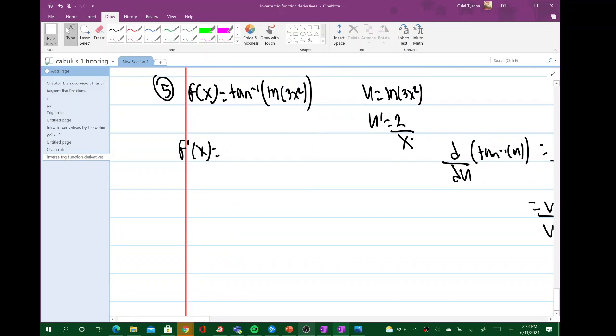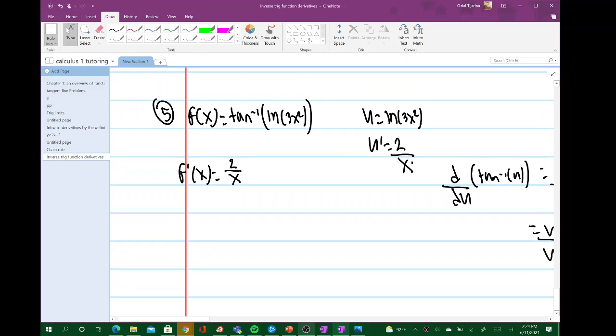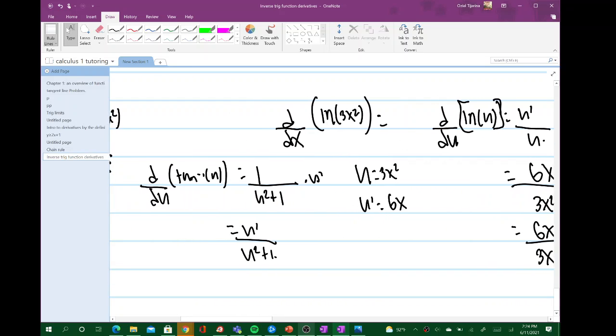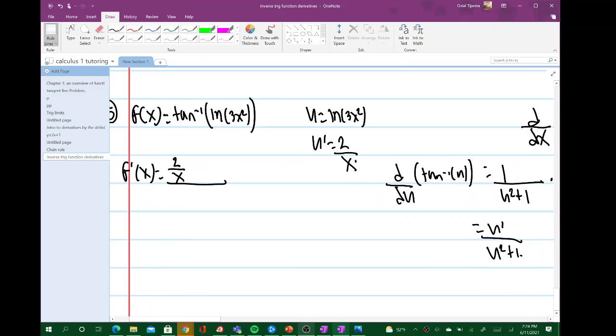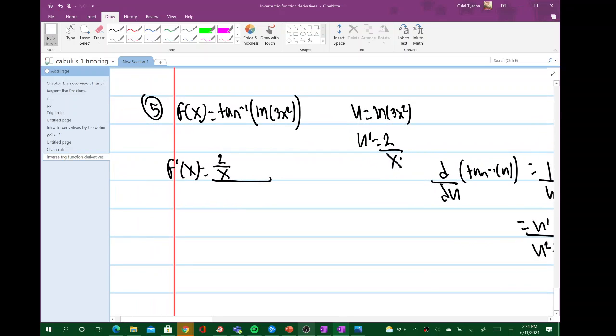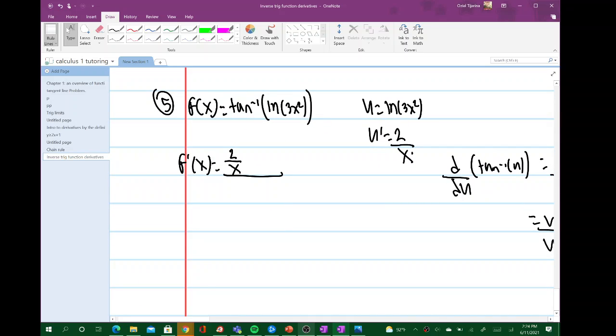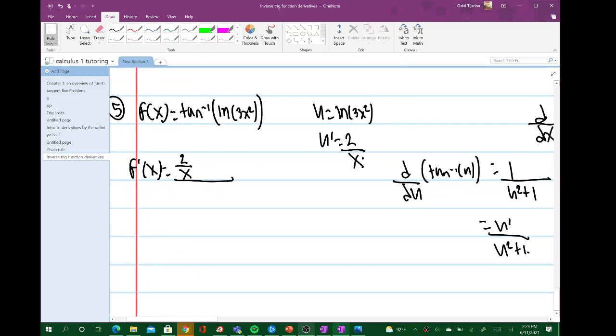So this is going to be equal to u prime, which is really 2 over x, because that's what u prime is.